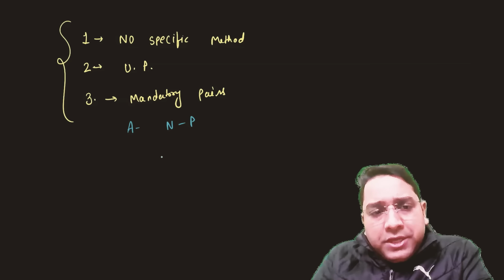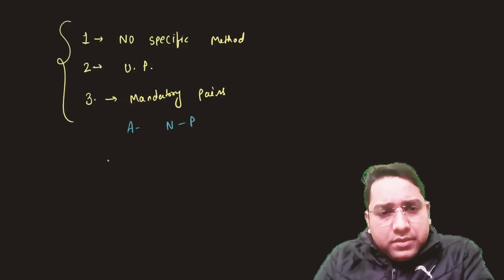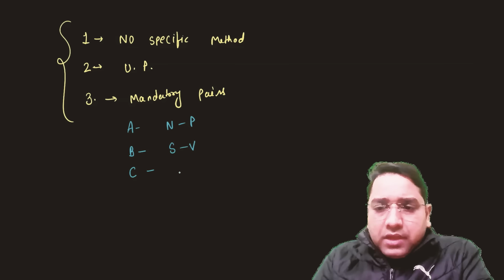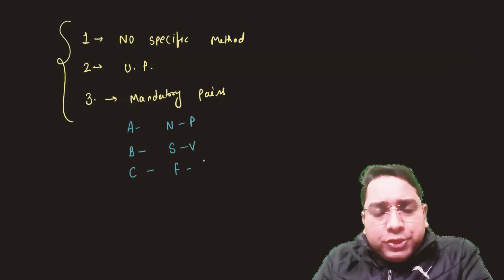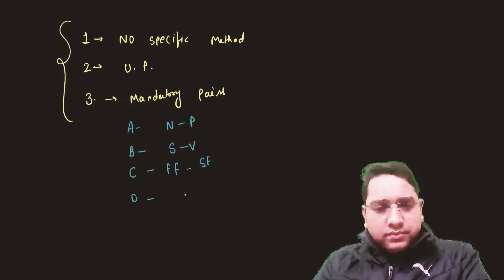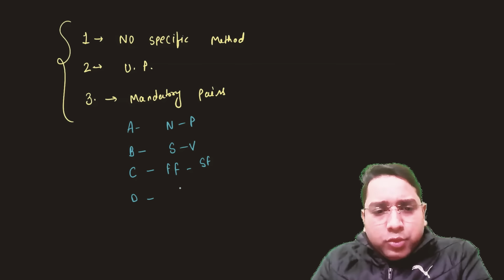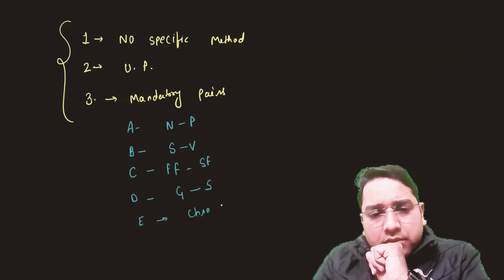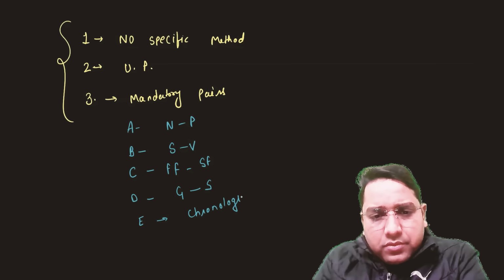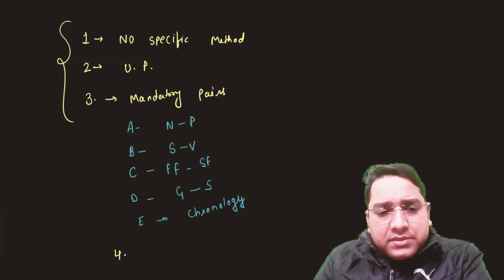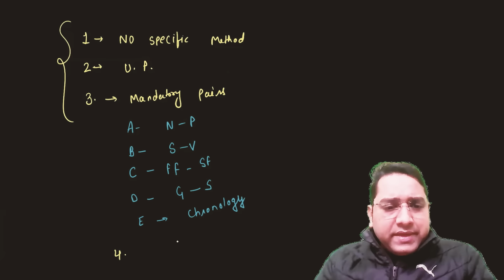A, the noun-pronoun relationship. B, the subject-verb relationship. Third, what was the third one? Full form and short form relationship. Fourth, I've just added one more point, generalized to specific, right? The other thing, the chronological order, timeline, logical sequence. If I'm skipping something, please do let me know. These are the three things, right?